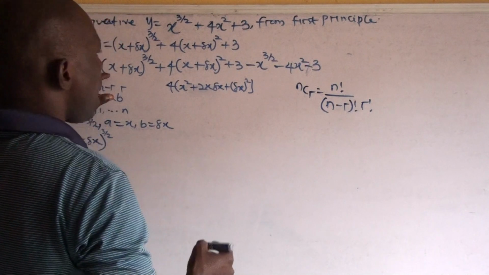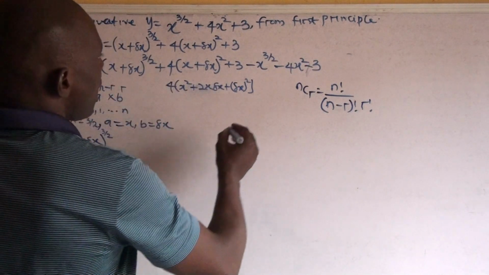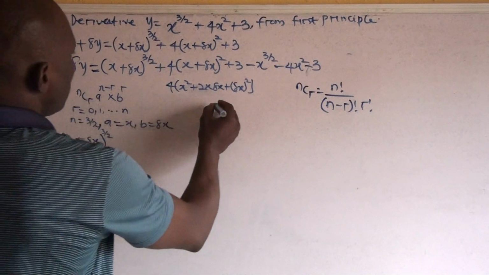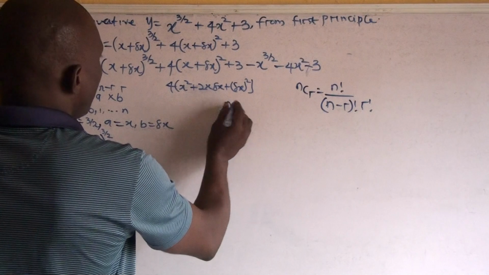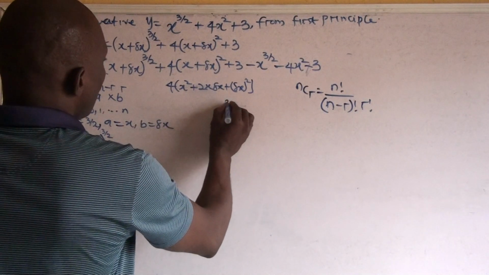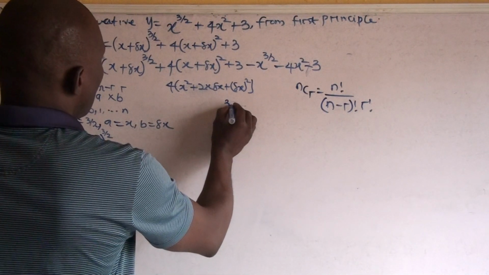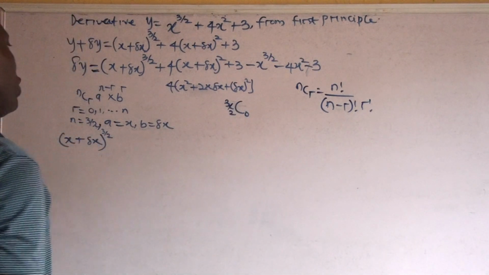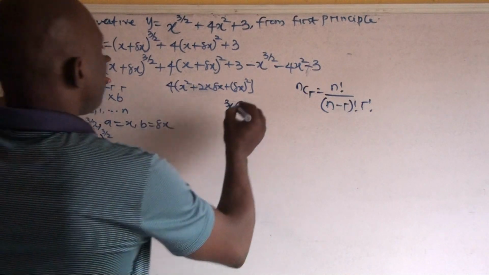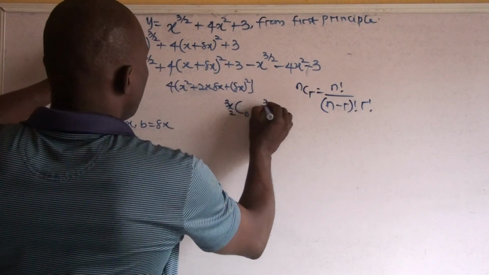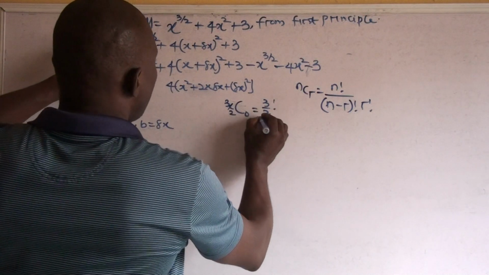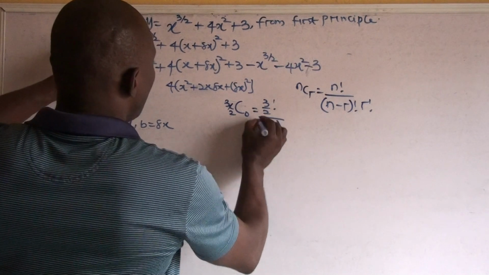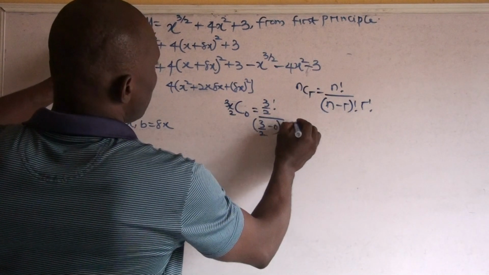If we have r equals 0, looking at what we have just written here, we're going to have n, our n is 3 over 2, 3 over 2 combination 0. Let's look at the coefficient of what we're going to have here first. This simply means 3 over 2 factorial divided by 3 over 2 minus 0 factorial from this formula, then 0 factorial.